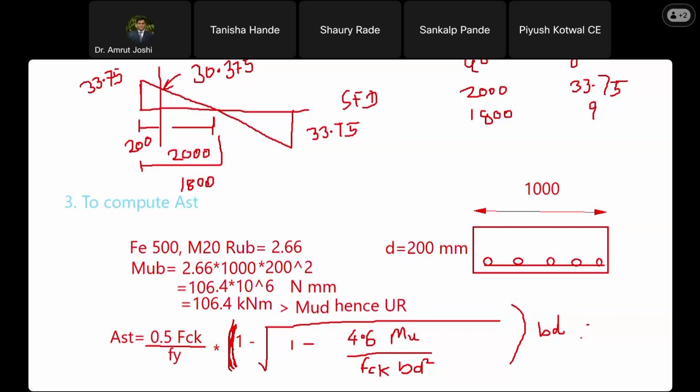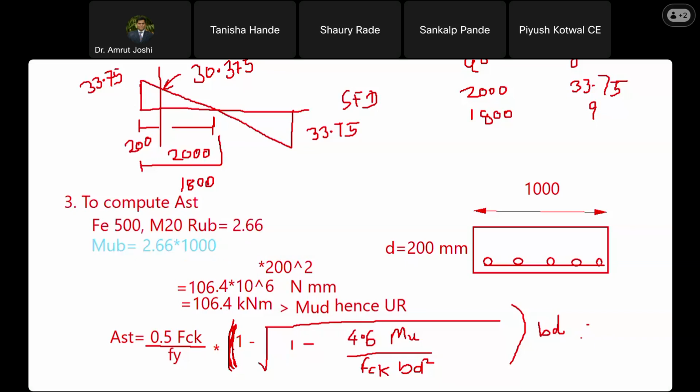Sir, can you repeat FCK and Fy? Yes, we have assumed Fe 500 and M20 grade. So FCK is 20 MPa and Fy is 500 MPa.